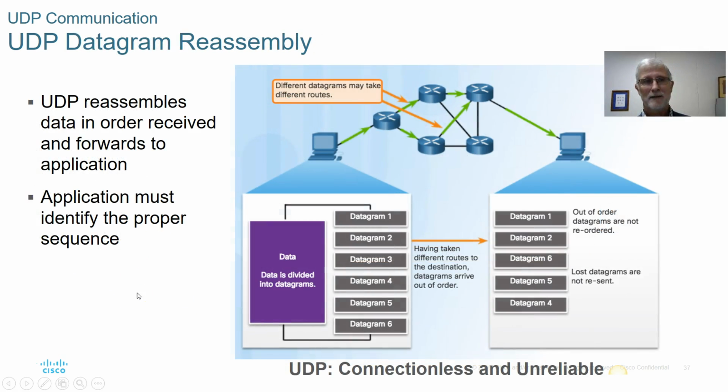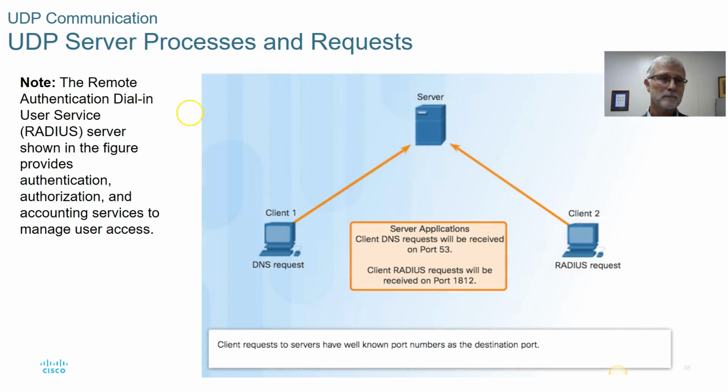UDP still breaks the data up, but it doesn't care that it came out of sequence. It doesn't care if a segment's missing. It's expecting the application to do something with it. So UDP just says, hey, I don't care. I'm just sending it. You get it and go through.